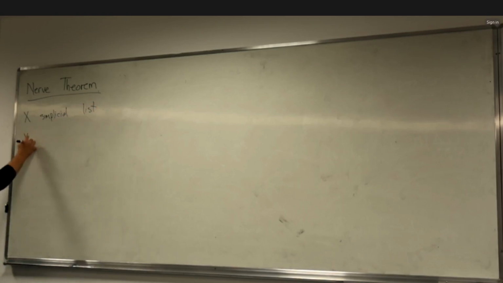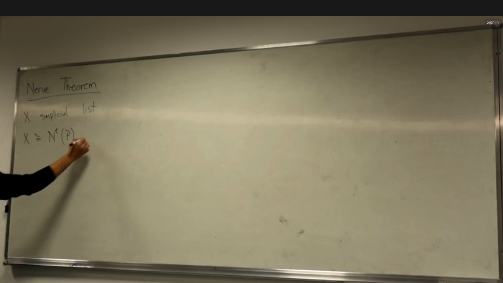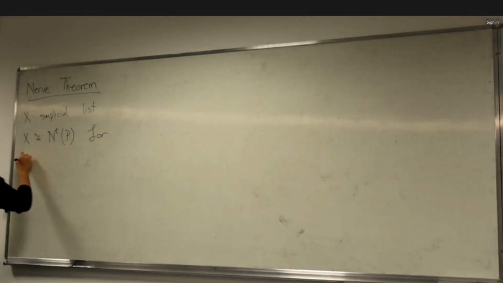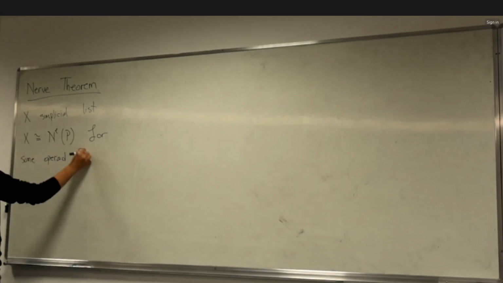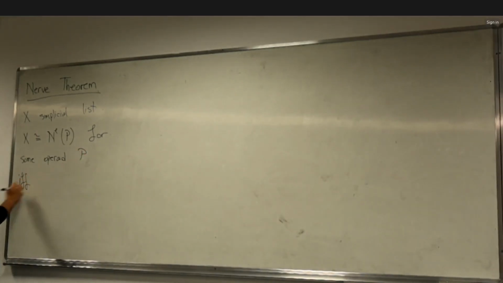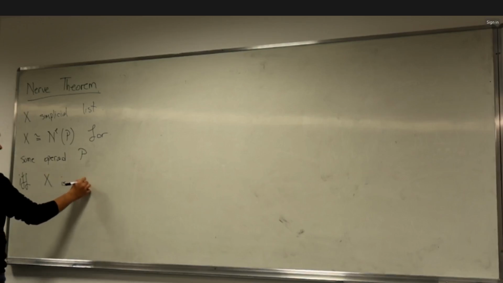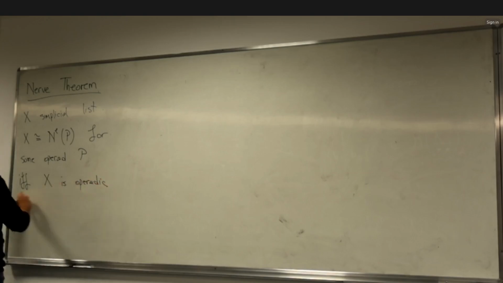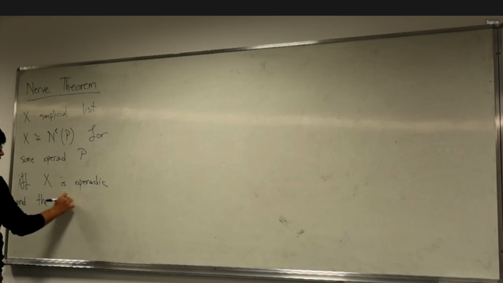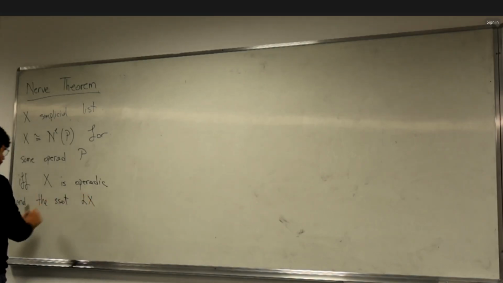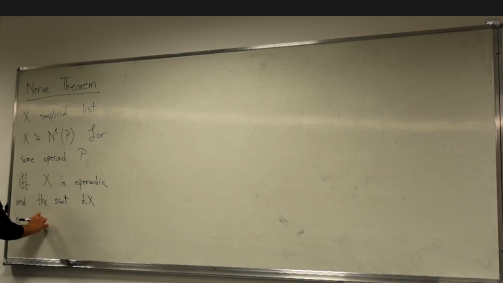Then X is isomorphic to the list nerve of P for some operad P if and only if X is operatic and the simplicial set Lx is a quasi-category.